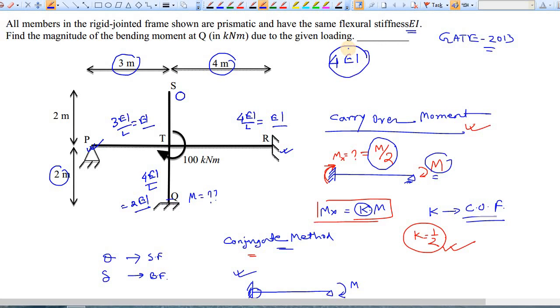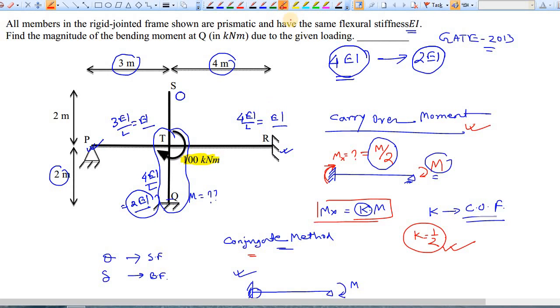So if you apply a total moment of 4EI, the share of TQ is how much? Only 2EI. So for a total 4EI moment, TQ has a 2EI share. And now in this problem, how much moment has been applied? 100 kilonewton meter moment has been applied.